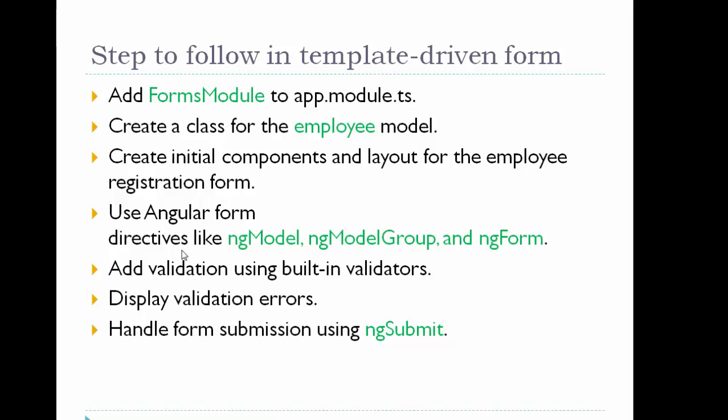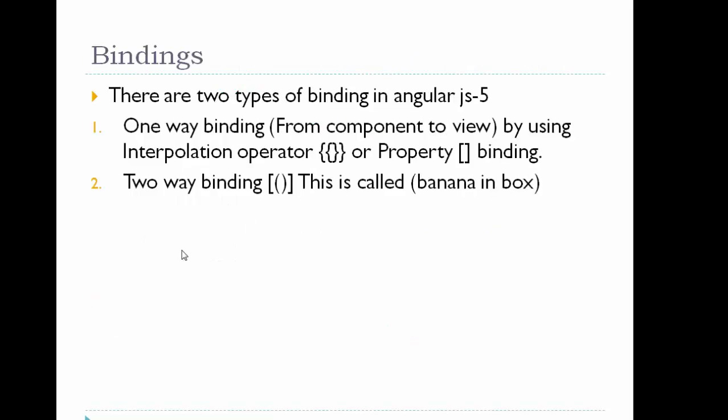After that we will have validation in AngularJS, because AngularJS provides a very good feature for validating our controls. Then we will learn about binding in AngularJS. There are two types of binding in AngularJS.